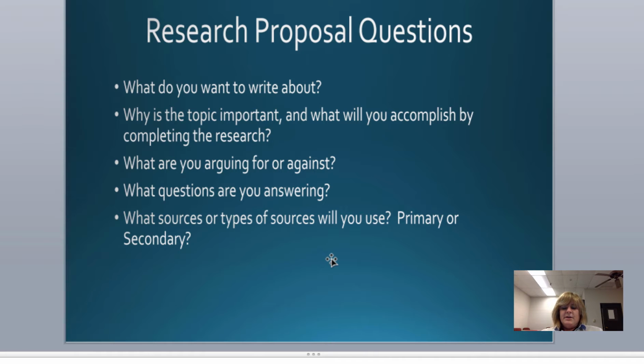You need to make clear how the topic fits the assignment, and the assignment is to write an argumentative, persuasive paper. And so you need to tell me how the topic fits that. You need to include, where will you get your information?